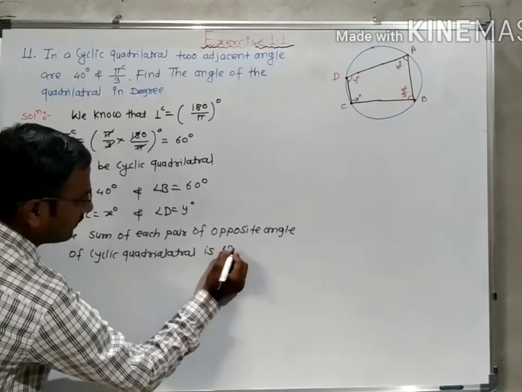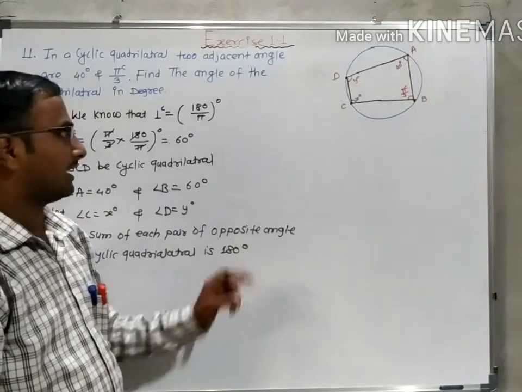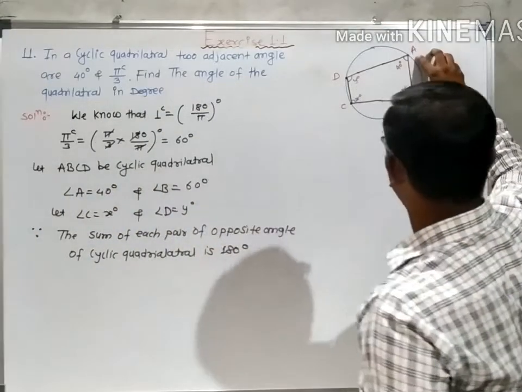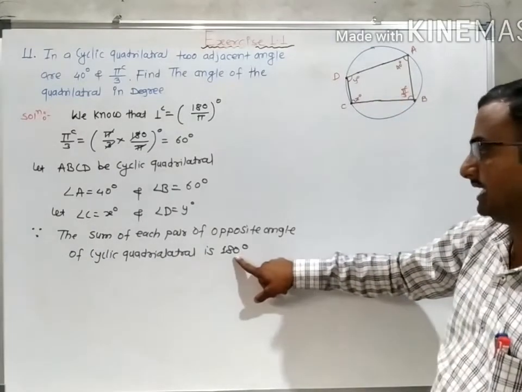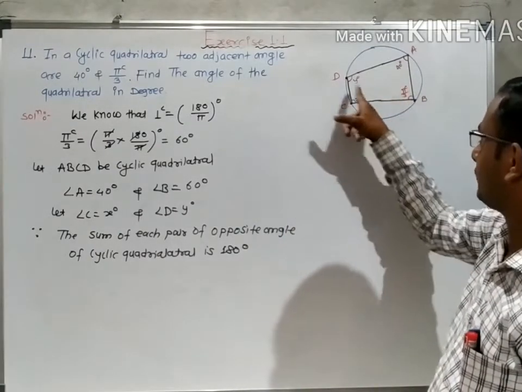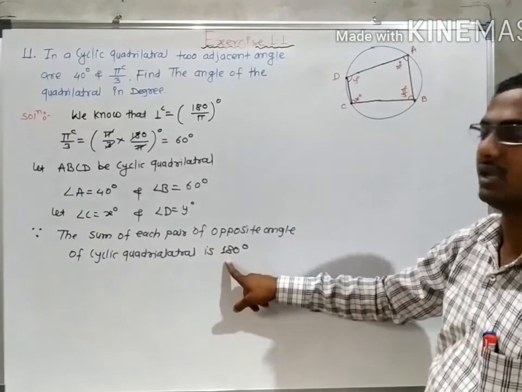So, the sum of each pair of opposite angles: angle A is opposite to C, so angle A plus angle C is 180 degree. Angle B is opposite to angle D, so angle B plus angle D is equal to 180 degree.